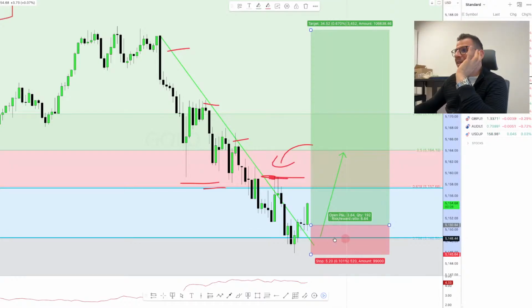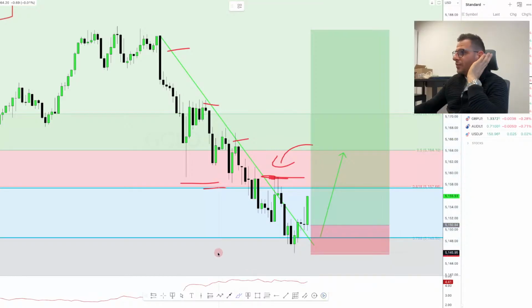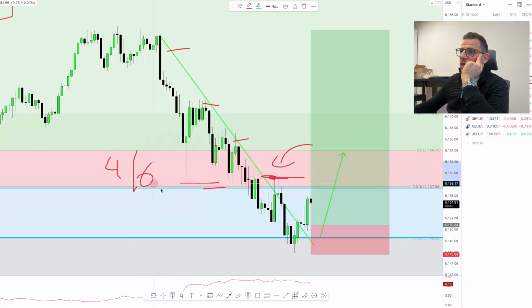So essentially, if you replicate this 100 times, you place the exact same trades at different times, 100 times, let's say 4 out of 6 you are getting losing trades, and 2 out of 6 you are getting winning trades. And maybe I exaggerate a little bit, maybe 5 out of 6 you are getting losing trades and you get only 1 winner.